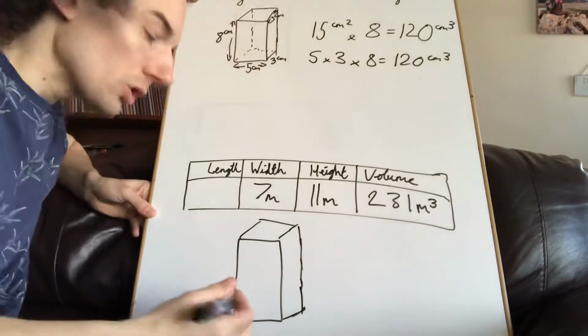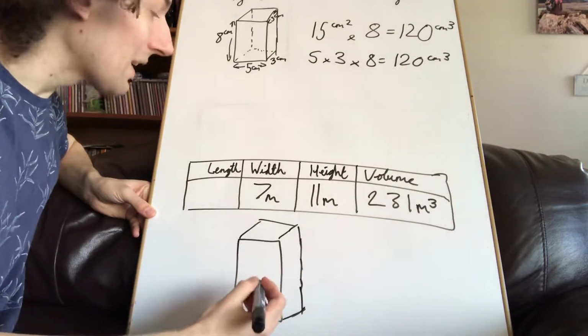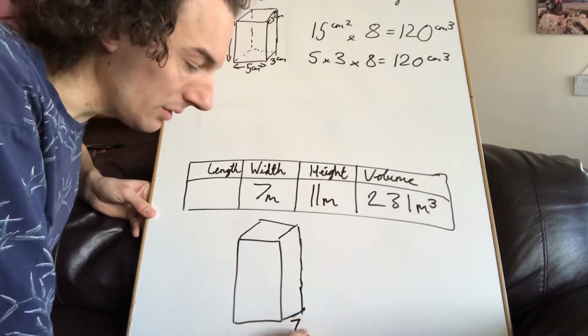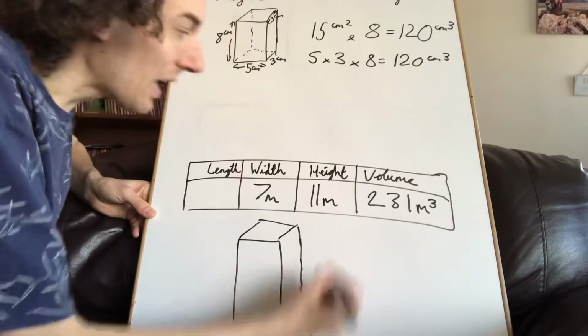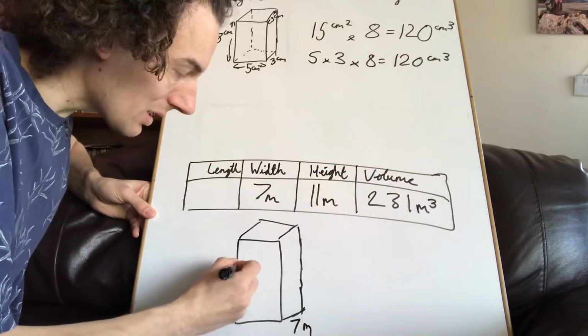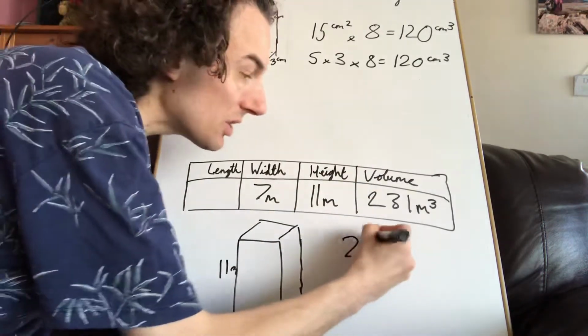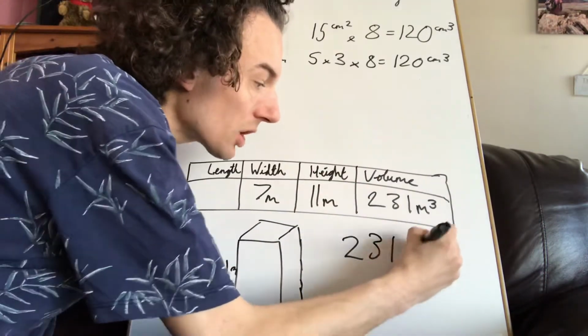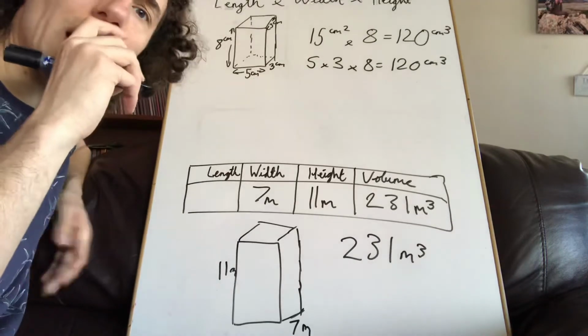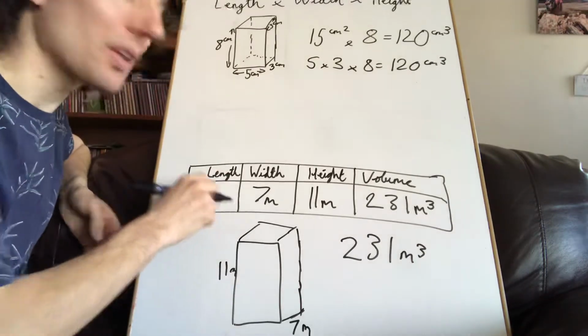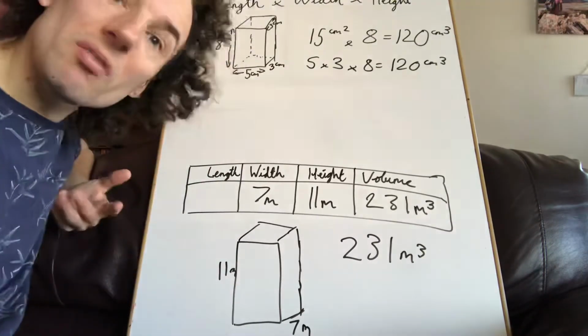There we go. So, we know that our width is 7 metres. Our height is 11 metres. And the total volume is 231 metres cubed. So you might think, well, how am I possibly going to find out the length? Work backwards, inverse.